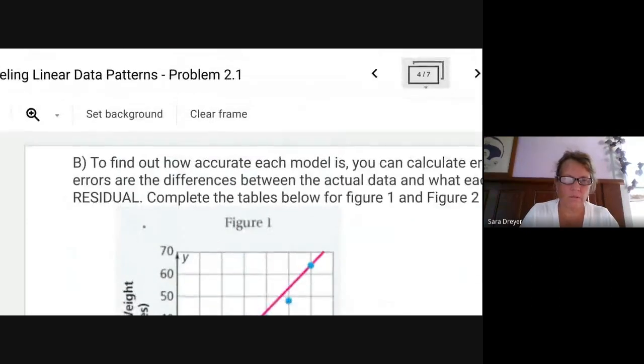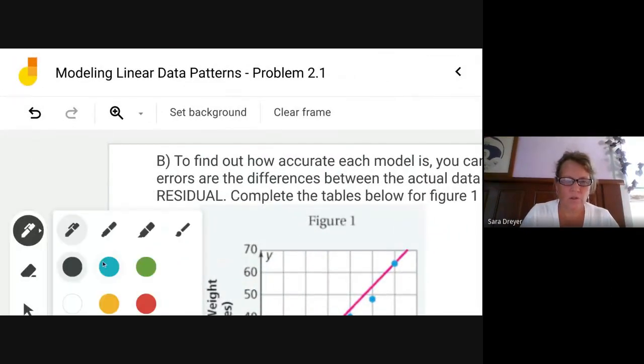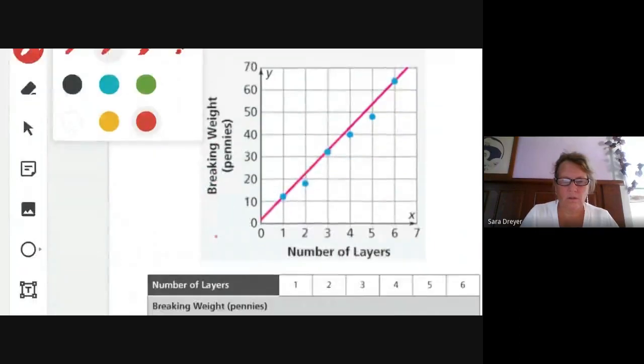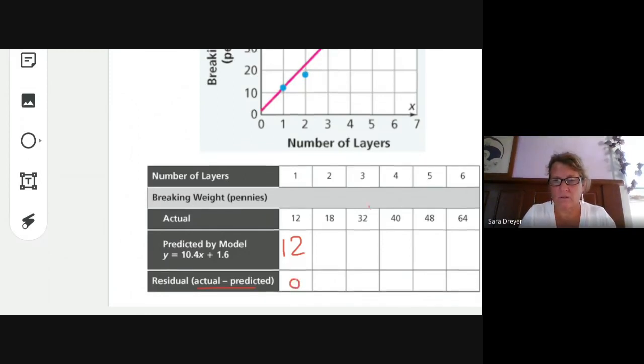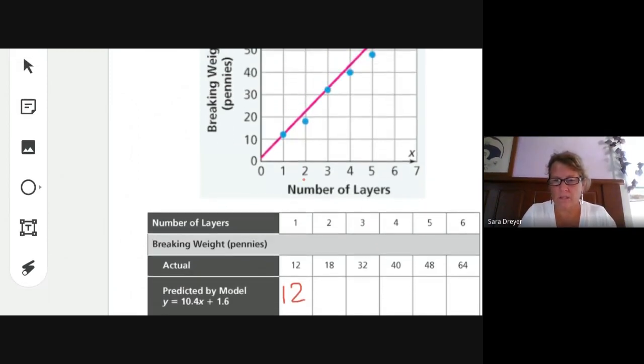And the predicted breaking weight, because the line went right through it, was 12. So the difference is the actual minus the predicted, and that's the residual. The difference is 0.